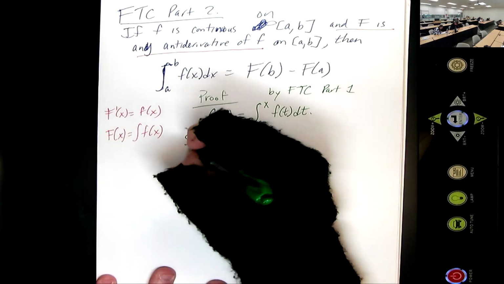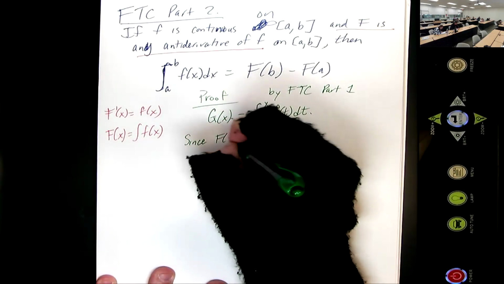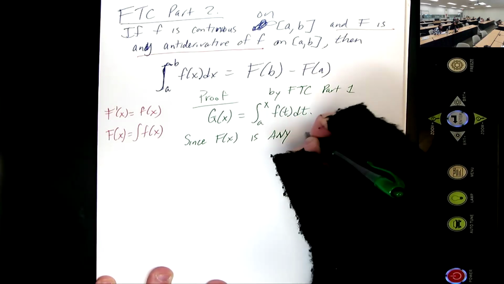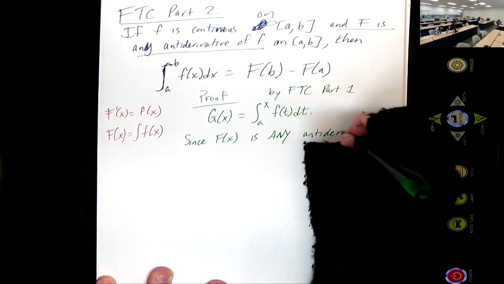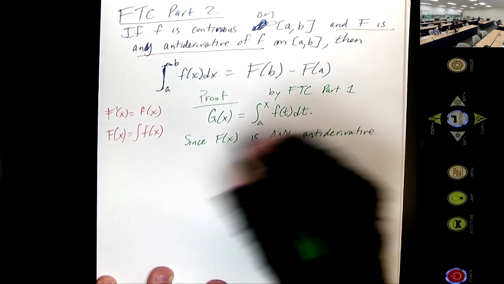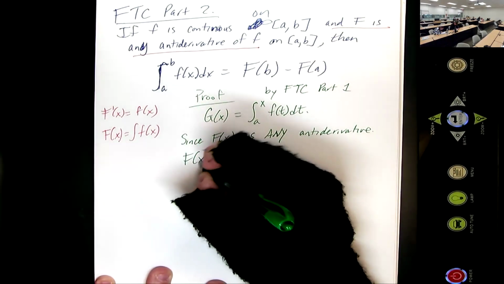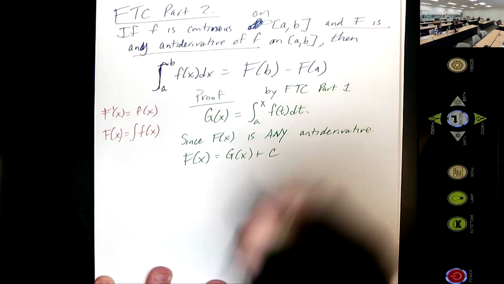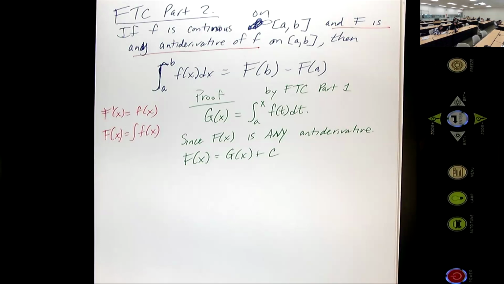And since big F is any antiderivative, it's got to be of the form F of x equals G of x plus C, some constant of integration. We don't know what it is, that's the only thing that could possibly separate F of x and G of x.